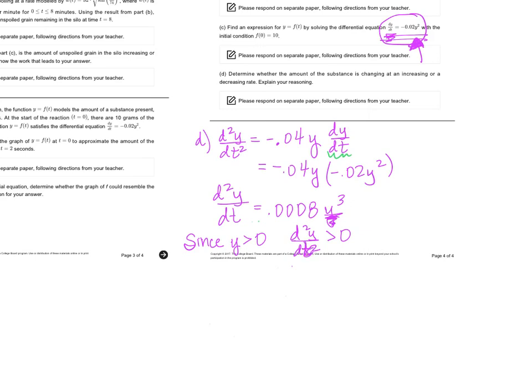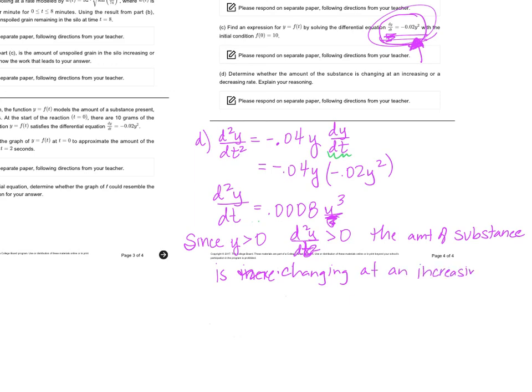So since that is positive, we've just said that the derivative of a function, which is this, is positive, the amount of substance is changing at an increasing rate. There we go.